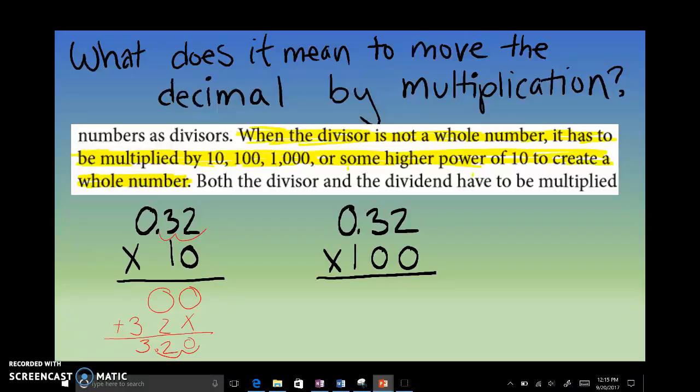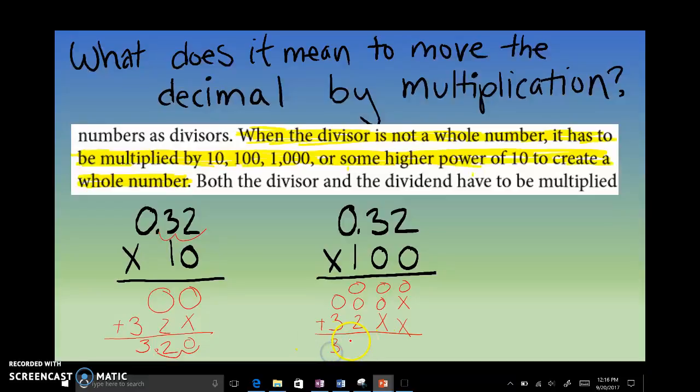So multiply 0.32 by 100. Like before, we have our first row of all zeros. We have a placeholder, and 2 more rows, another row of zeros. The 1, we need 2 placeholders. And then 1 times 2 is 2, 1 times 3 is 3. We add these up.